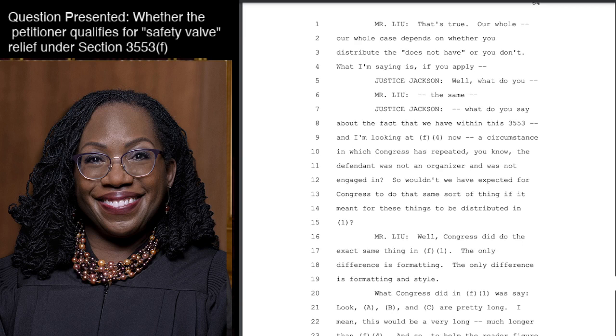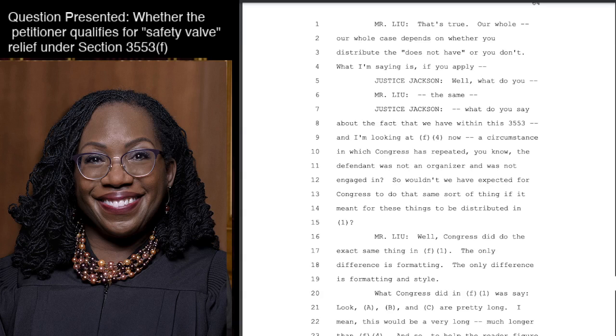What do you say about the fact that we have within this 3553, and I'm looking at F4 now, a circumstance in which Congress has repeated, the defendant was not an organizer and was not engaged in. So wouldn't we have expected Congress to do that same sort of thing if it meant for these things to be distributed in 1?